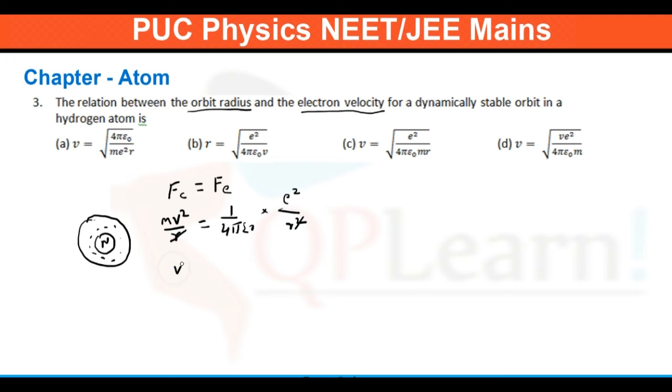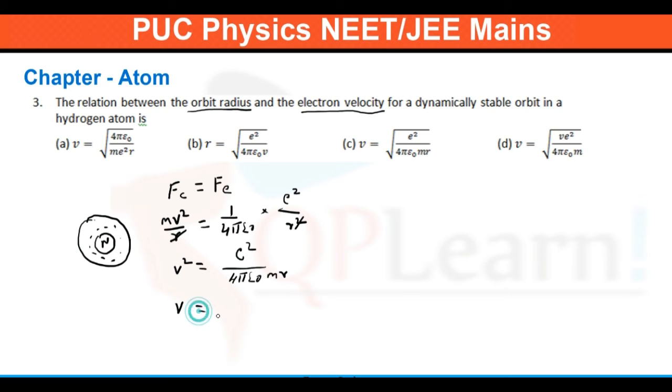So what is left? v square is equal to e square whole divided by 4 pi epsilon naught into m into r. Just remove the square.